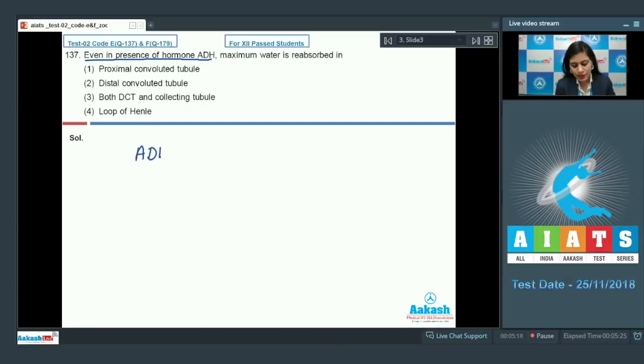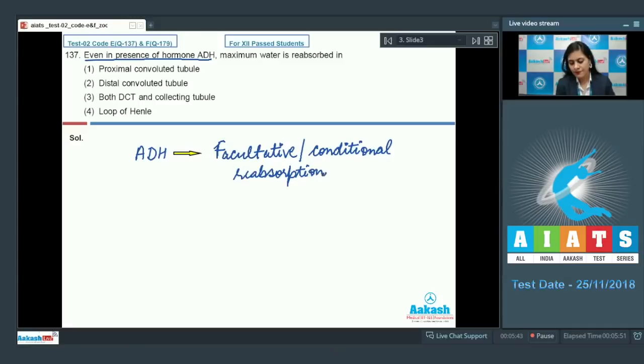And we know that ADH will help in facultative or conditional reabsorption of water from where? From DCT as well as collecting tubules.